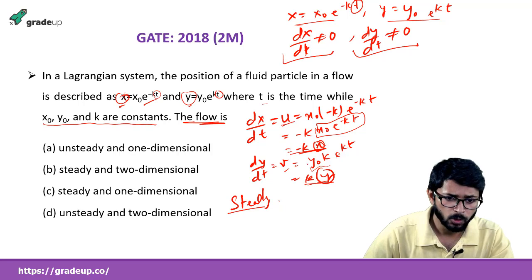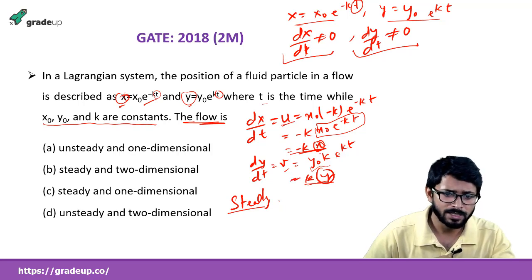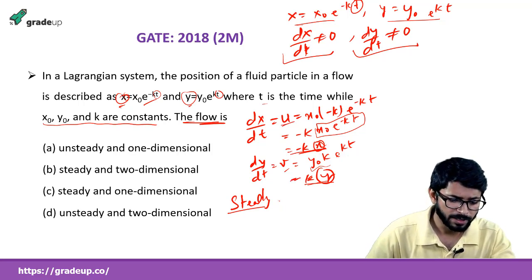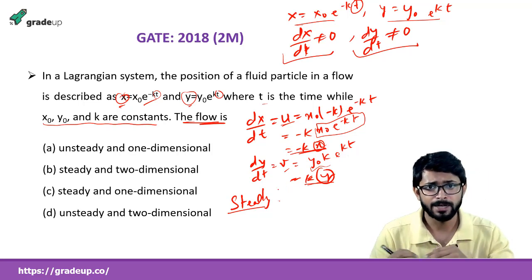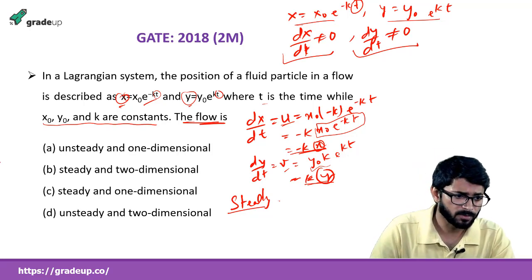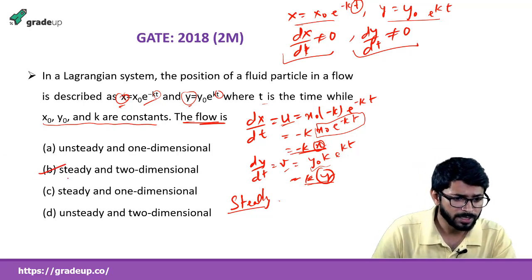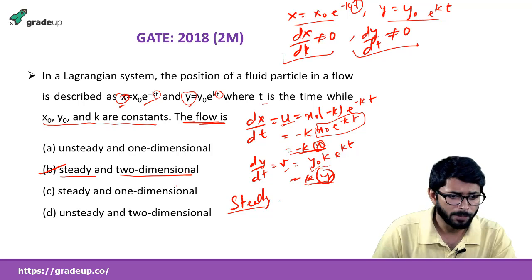The u and v have different velocities in the x and y directions, so it is a steady and two-dimensional flow, because the velocity varies in x as well as in y direction. So the answer should be steady and two-dimensional flow.